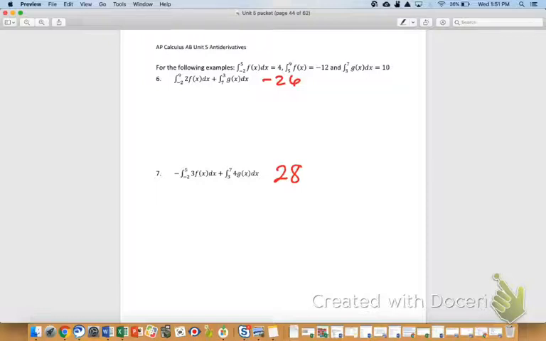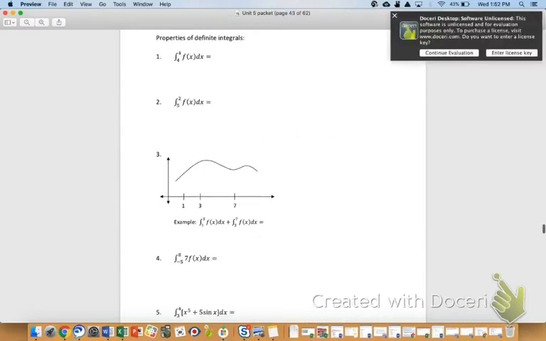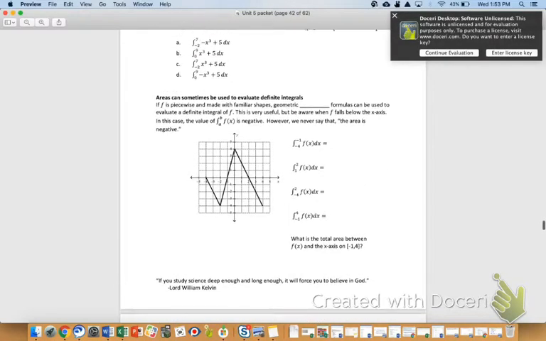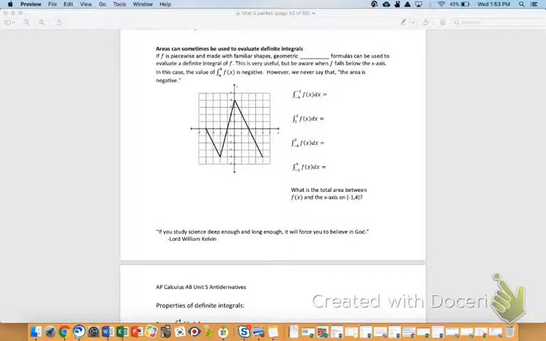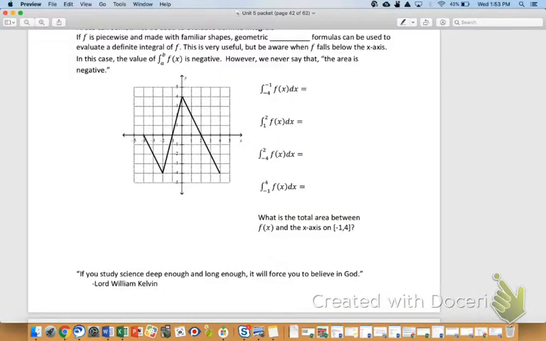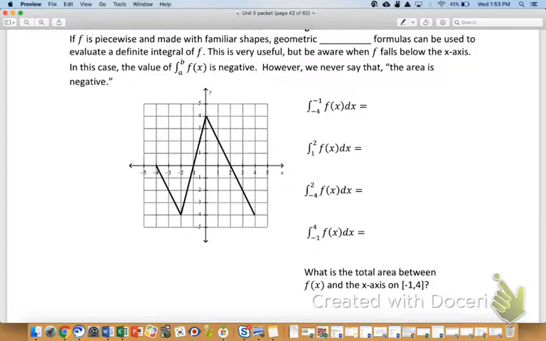So, hey, let me remind you of what we did yesterday, and then we're going to go on. Don't turn back. Let me just remind you. Do you all remember this right here? What was our main method for evaluating those 4 definite integrals?